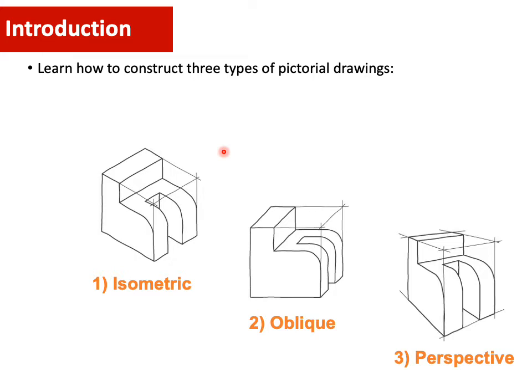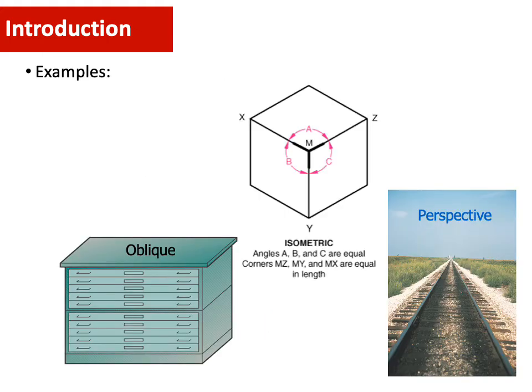When you see a 3D, it's much easier to understand how it's going to look. So it can be isometric, oblique, or perspective. Here are the examples of these three types.